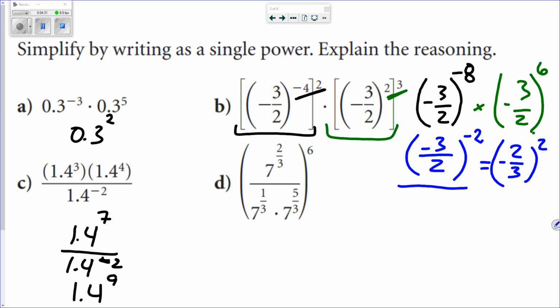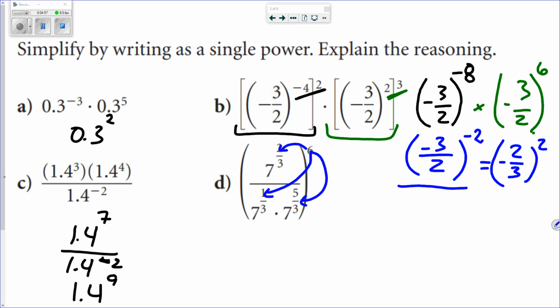So we have a lot of fraction powers, and all of it raised to the power of 6. So the first thing we're going to do is we're going to multiply all of those powers by 6, right? Everything's being raised to the 6th power. So we're going to multiply that exponent by 6, and that exponent by 6, and that exponent by 6.